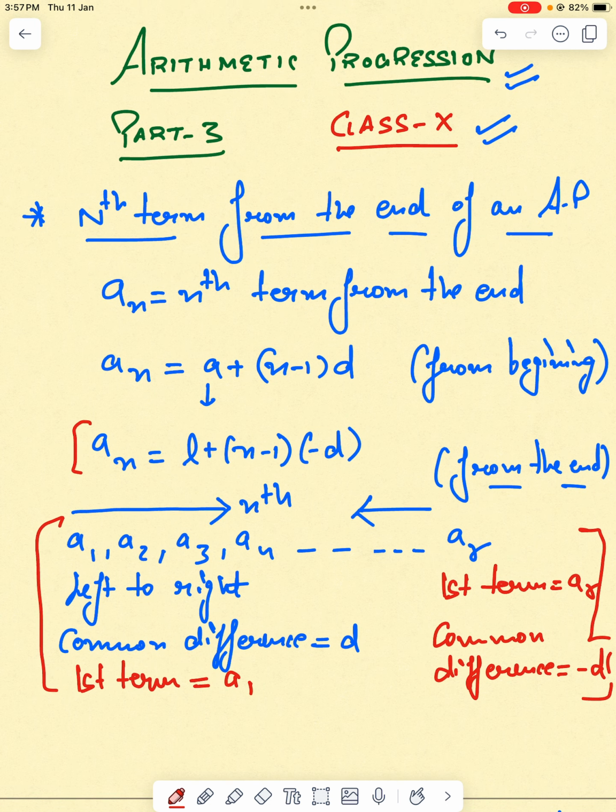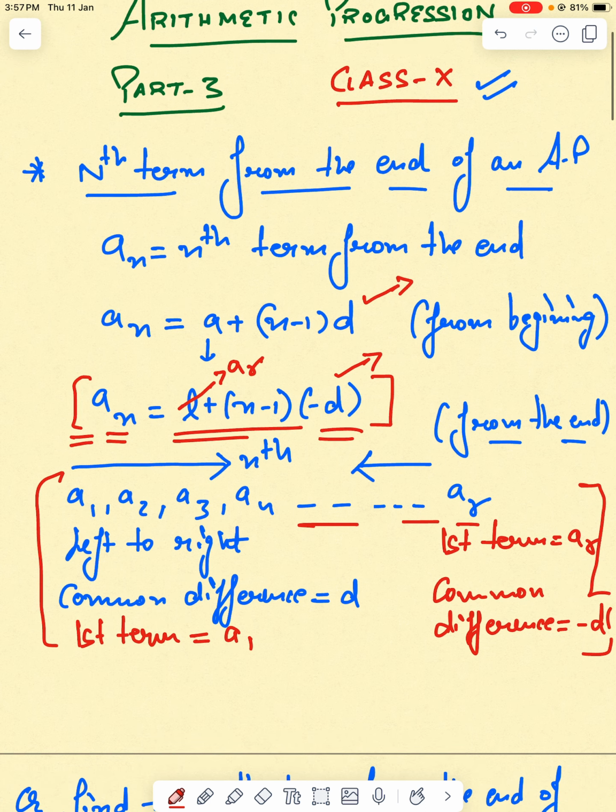In this, your last term will be L, because if you want to find the nth term from the end, L will be your first term. In this sequence, L here is your an, right? And d is the common difference, which is d from the beginning and changes to minus d. So this is the way you can find the nth term from the end.